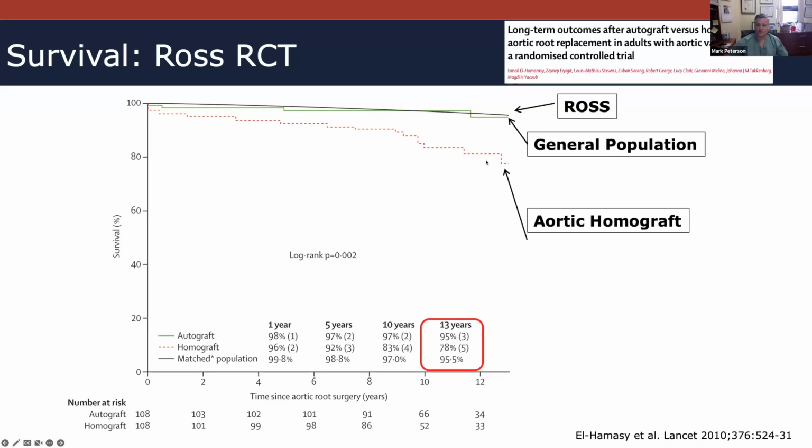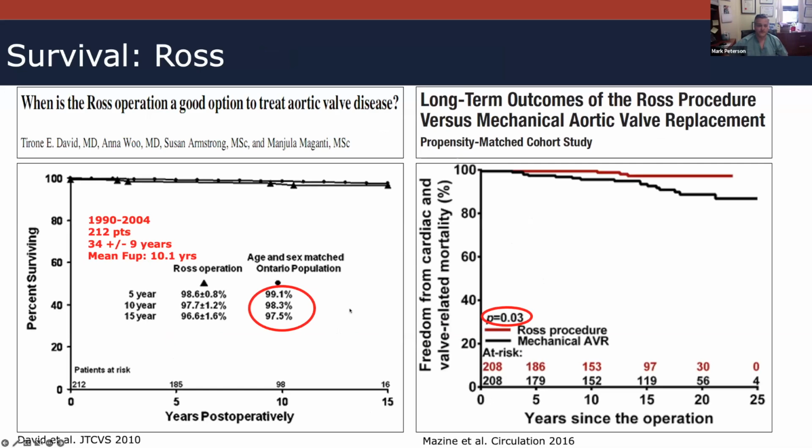Whereas aortic homografts had a markedly different survival after 13 years. So in this randomized trial, the Ross outperformed an aortic homograft in a significant manner and also mimics survival of the general population. This is just other data looking at Ross survival over time.